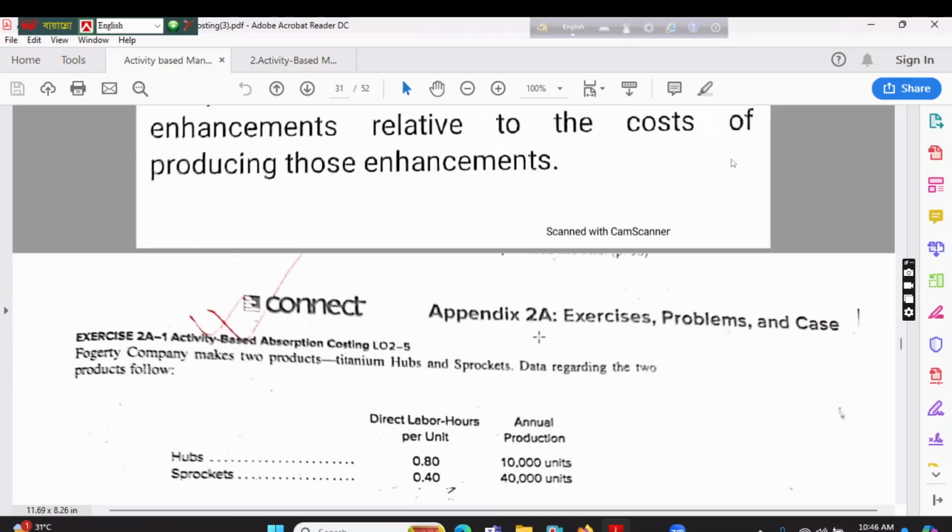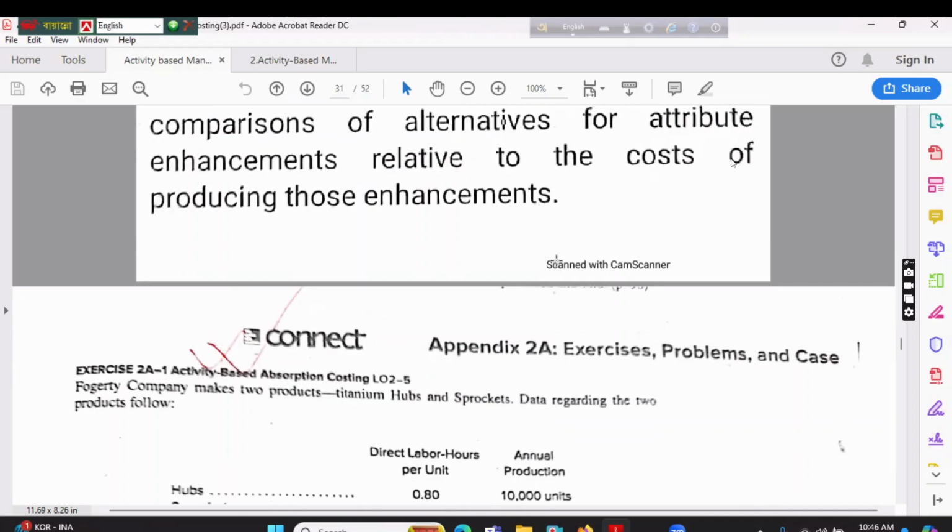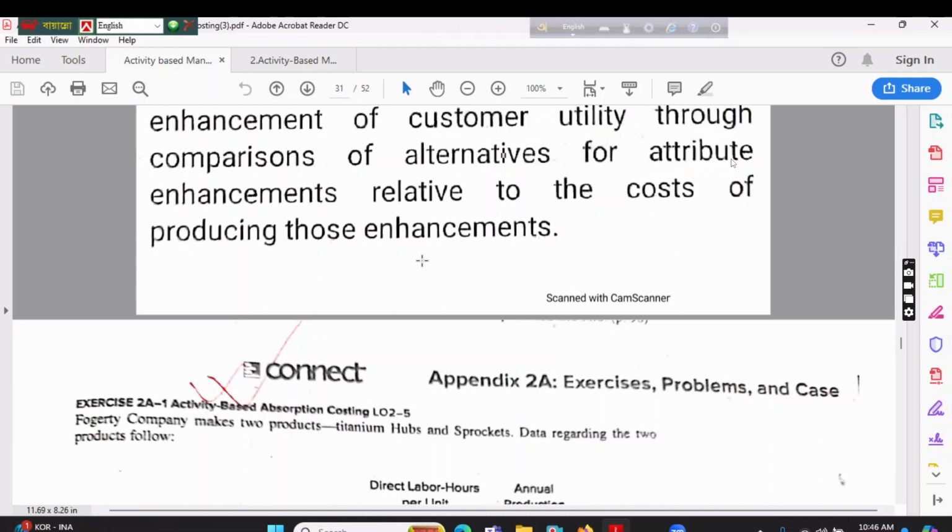In Chapter 3, you will find Appendix 3A, determining unit product cost using the traditional costing system and the activity-based costing system. One solved problem is in the textbook, other unsolved problems have solutions given in the solution manual.